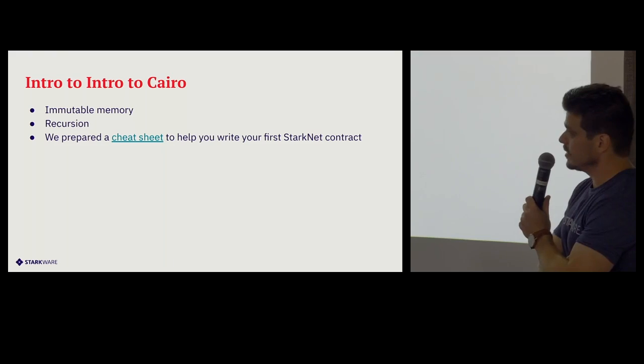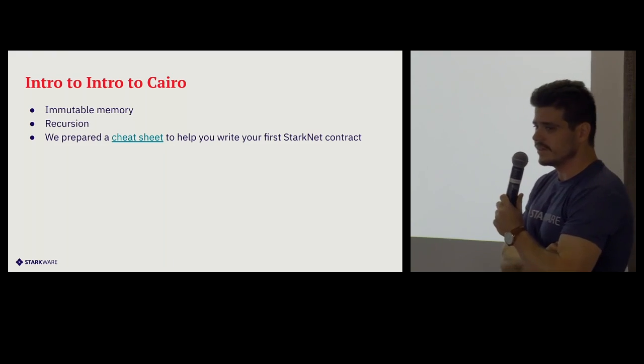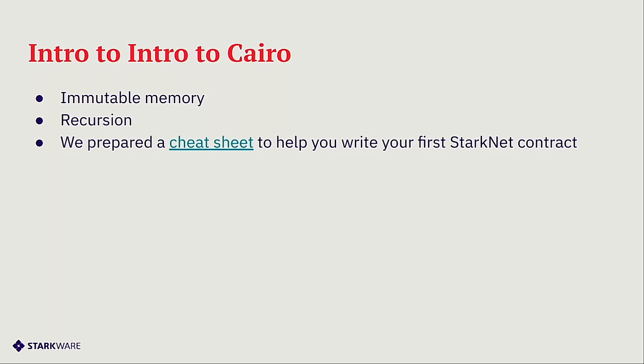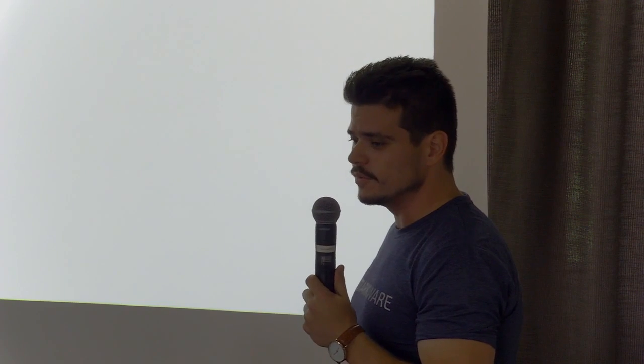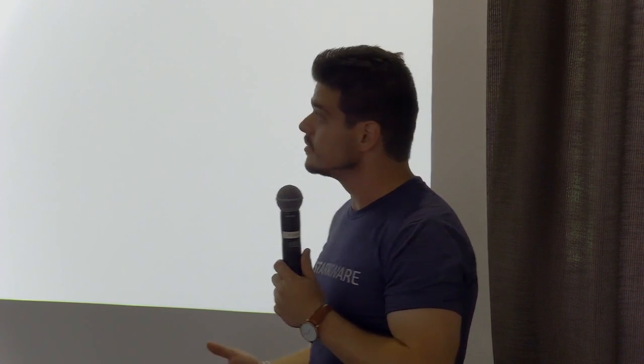Cairo is very efficient in the sense that we want to compile a ZK proof from a program, and that is why there are some decisions that are not standard in programming languages. One of them is that memory is immutable. If you assign some value to a variable, you can't reassign anything.